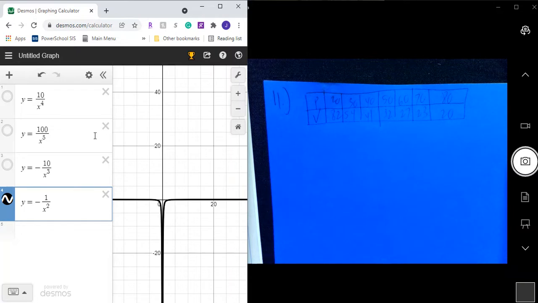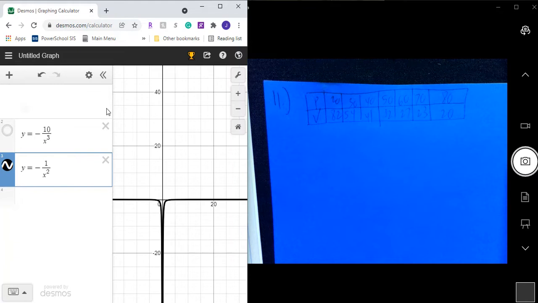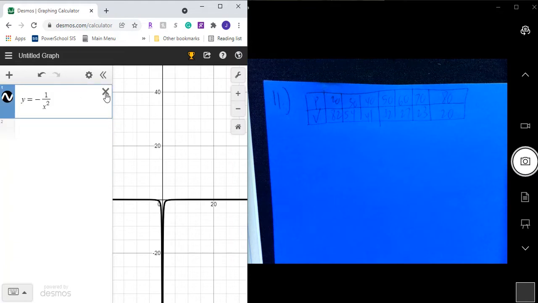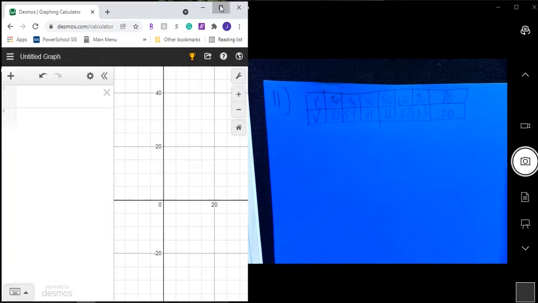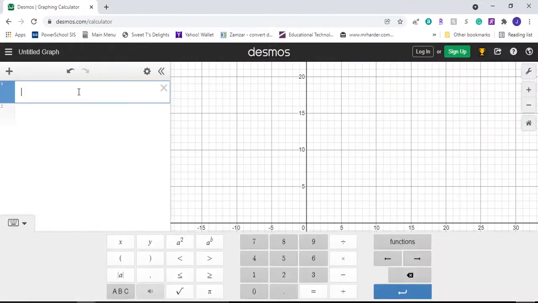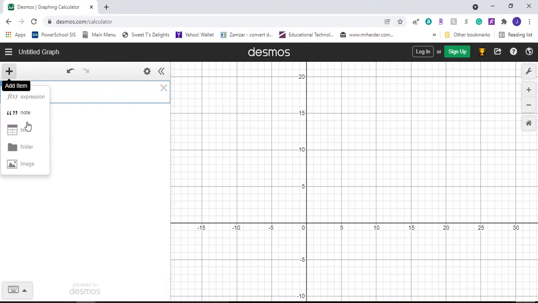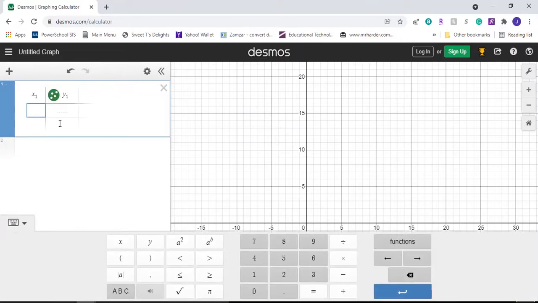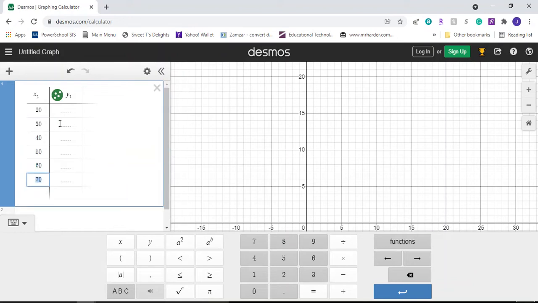Okay, so what I want to do is first get rid of all of this, and then I can do a quick table and put in the values. So we will have 20, 30, 40, 50, 60, 70, and 80.